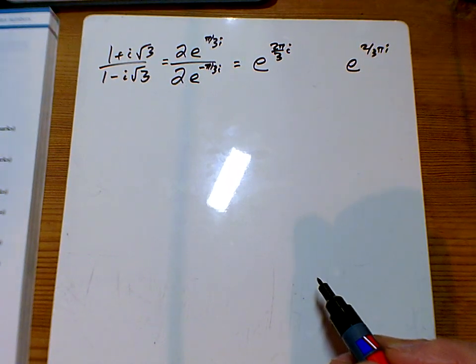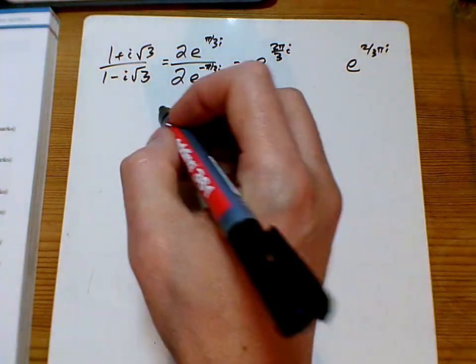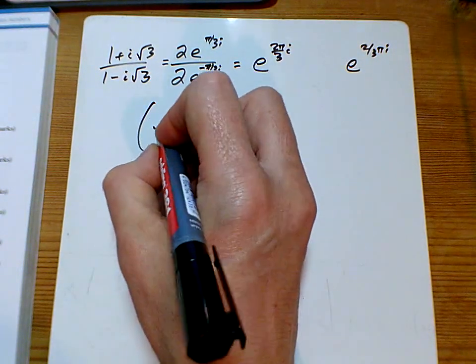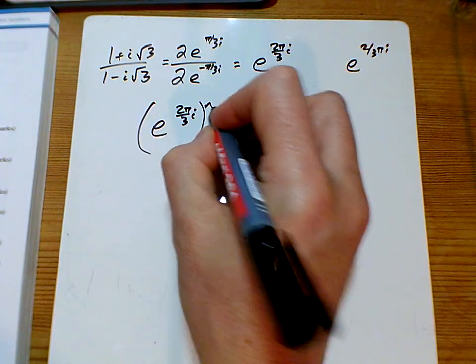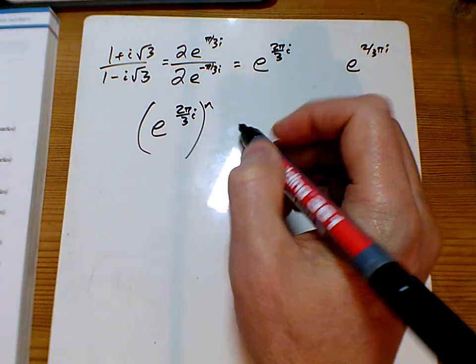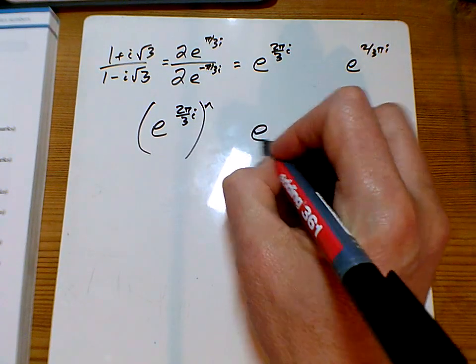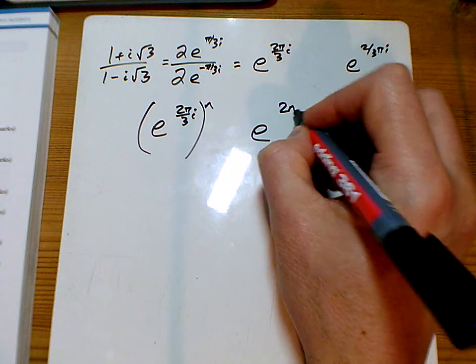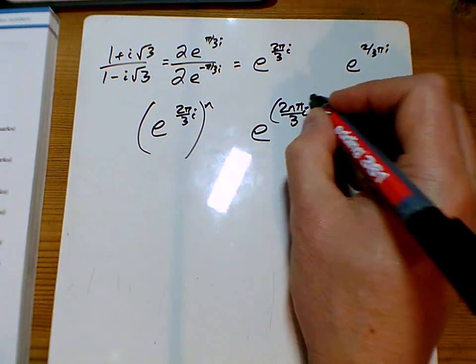And so part B says we want to try and do this to the power of n and make it a real number. So if I'm doing e to the 2/3 pi i to the power of n, for that to be a real number, what we're going to get here, of course, is e to the 2n pi over 3 i.